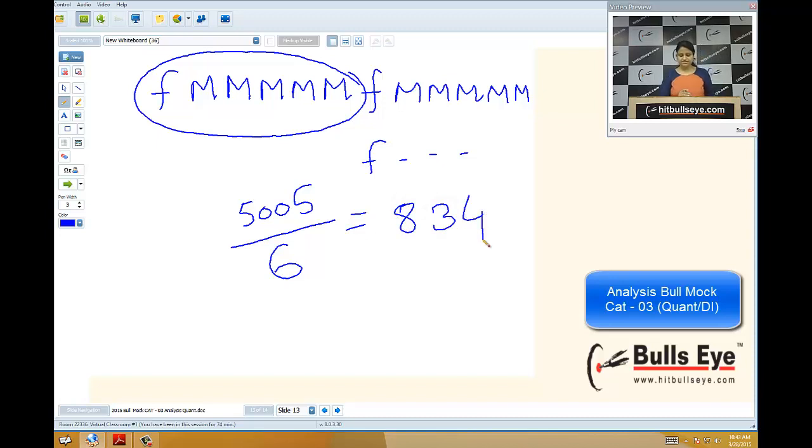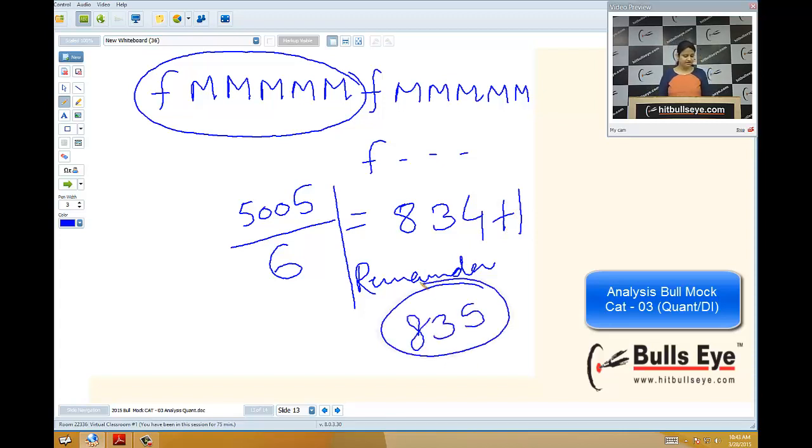It means there are 834 blocks in which there is exactly 1 female and 5 males. Now we want to calculate the number of females. It means there are 834 females, but we are getting a remainder of 1 in this case. That will be the last candidate in the list. That should be a female again, because we want to maximize the number of females. That's why the answer is 835. Is it okay, Monica?